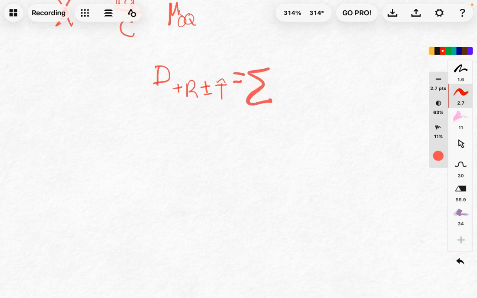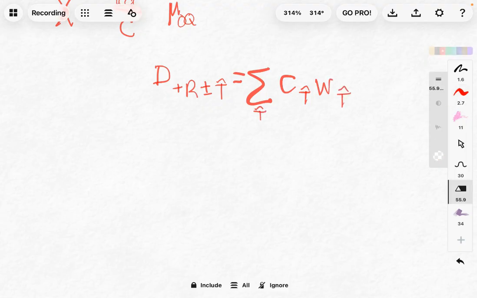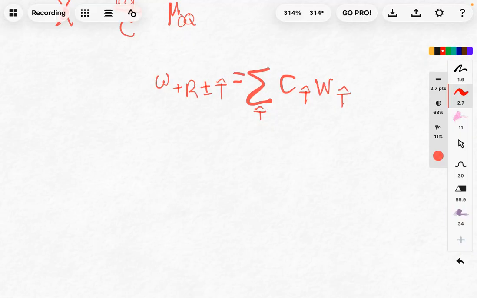But the definition is the sum over the committed doses, sum over the committed doses by tissue type, weighted by the tissue type. And this is actually the wrong letter because it is supposed to be omega. And that is actually the sum over R. I am sorry I don't have that written down.